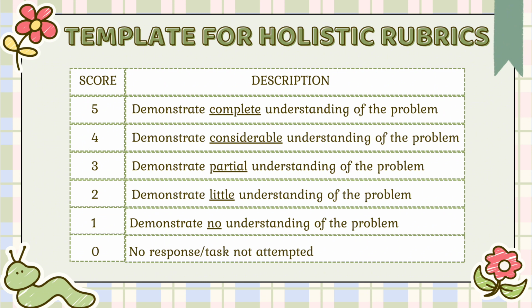Number 2, demonstrate little understanding of the problem, missing task. 1, demonstrate no understanding of the problem, submitted but no requirements met. 0 is no response or task not attempted, meaning no submission.